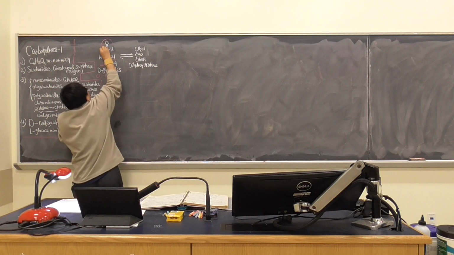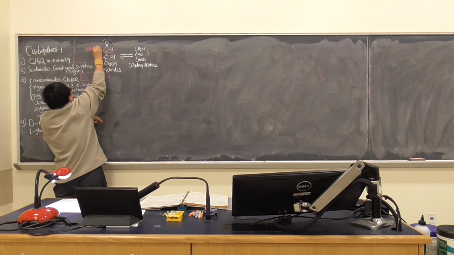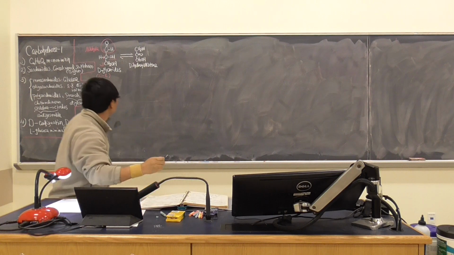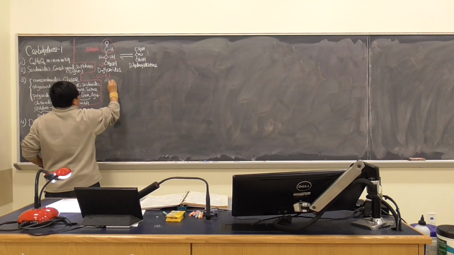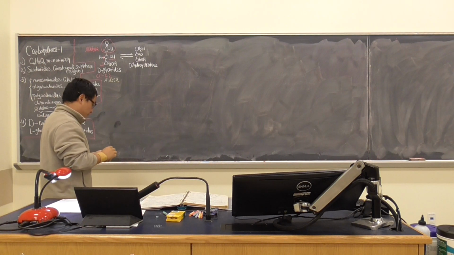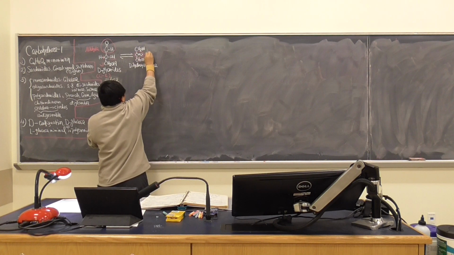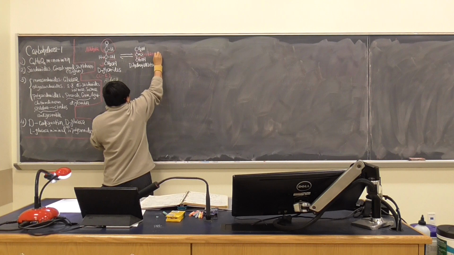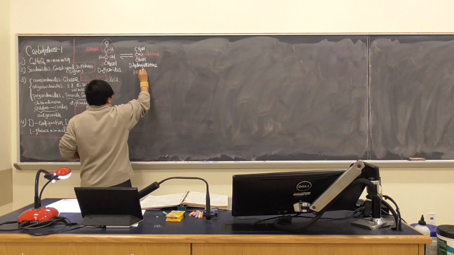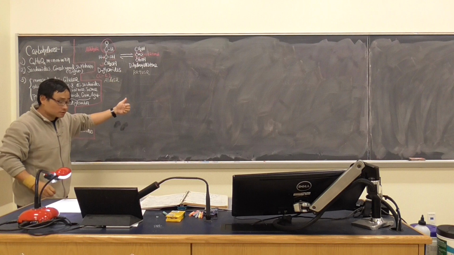D-glyceraldehyde has an aldehyde group, so we call this an aldose. Dihydroxyacetone phosphate also has a carbonyl group, but the carbonyl group is a ketone, so we call this a ketose. So we have aldose and ketose.